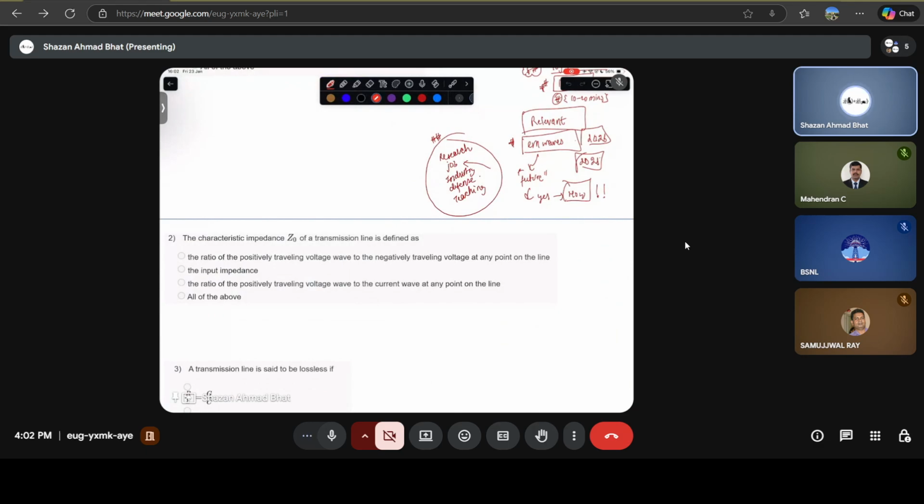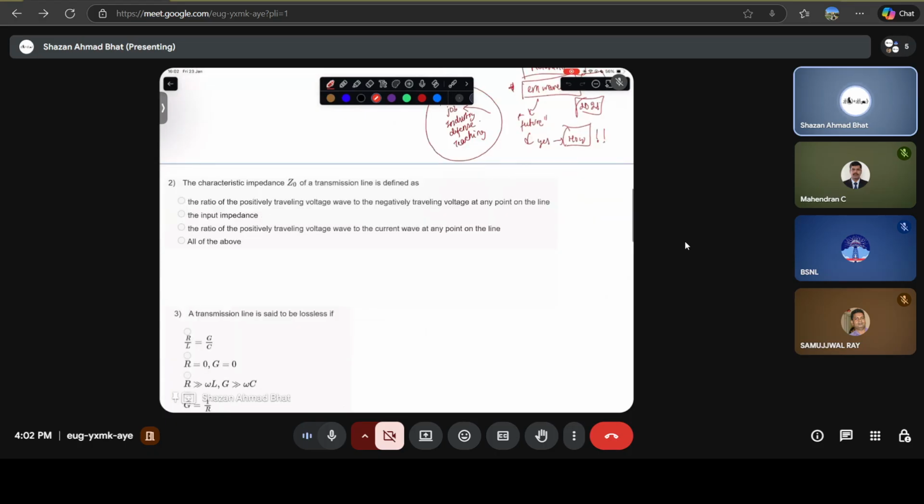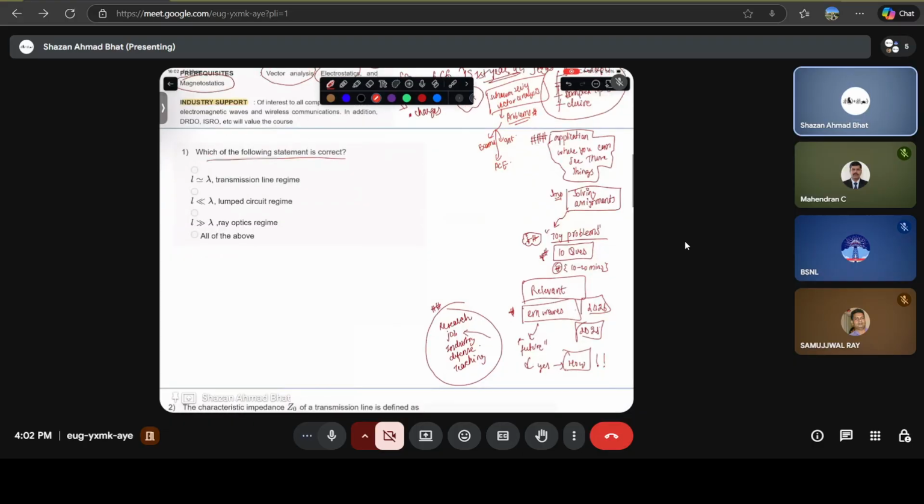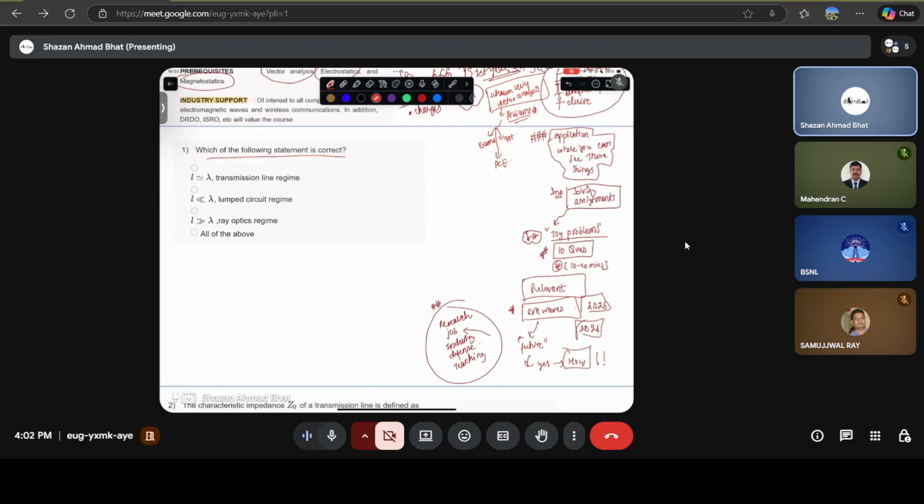Let's say we have the first question, which is on the characteristic impedance of a transmission line. No, the first question is: which of the following statements is correct? The first part says that the length becomes of the order of wavelength. That means if this is the transmission line and the length is of the order of wavelength, you go to a transmission line approach, which is what I was talking about in the slides.